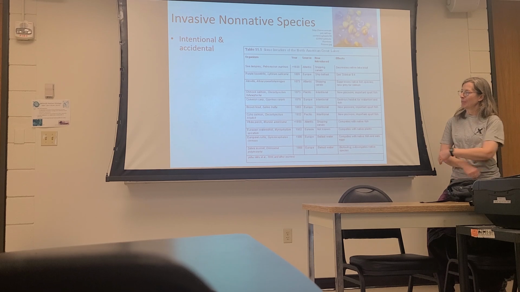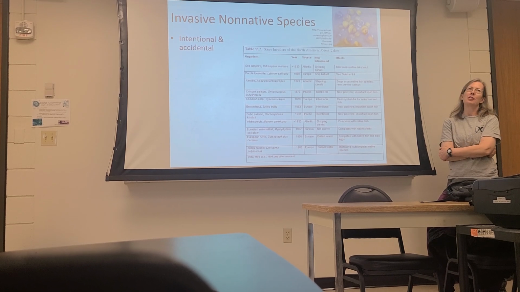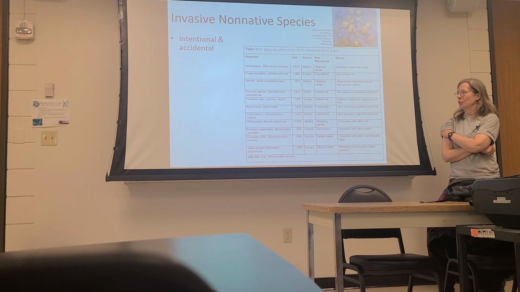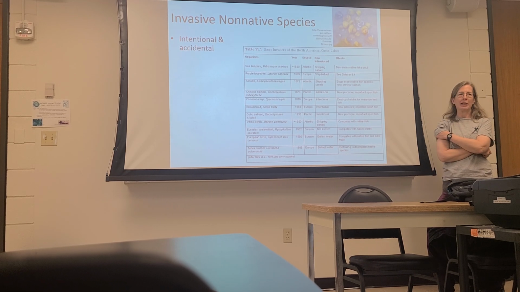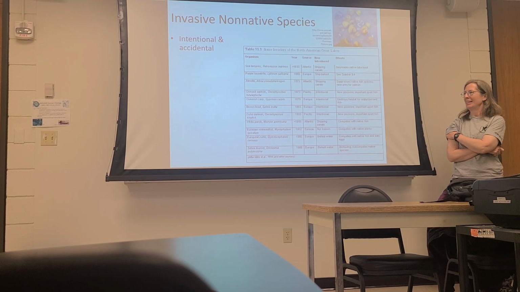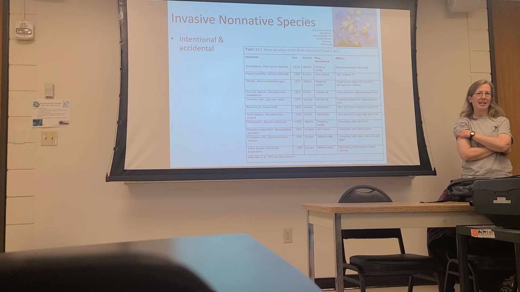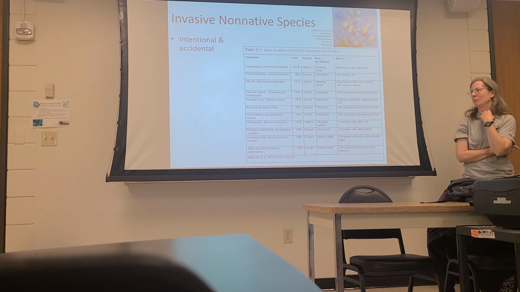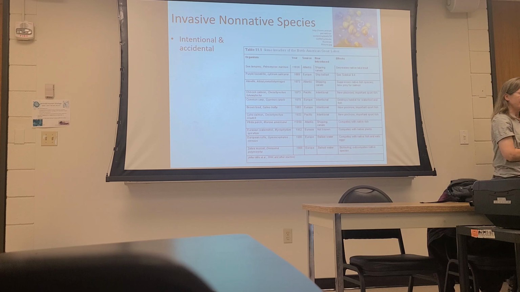There's also the aquarium trade. Someone's got something in an aquarium, like a carp or a goldfish, and it gets too big or they move and can't keep it, and they don't want to kill it, so they just let it go somewhere. It can become invasive that way.